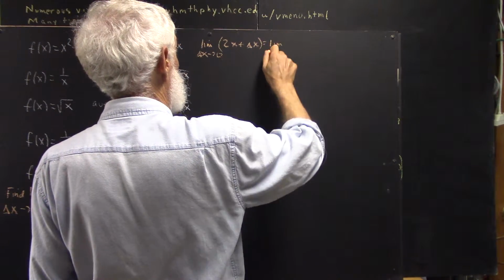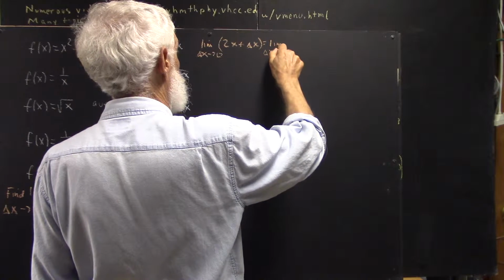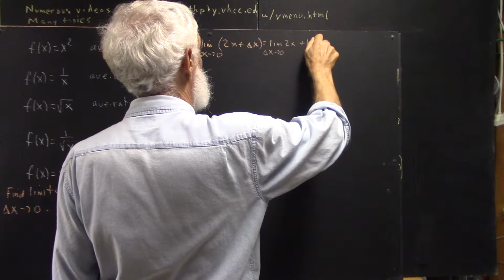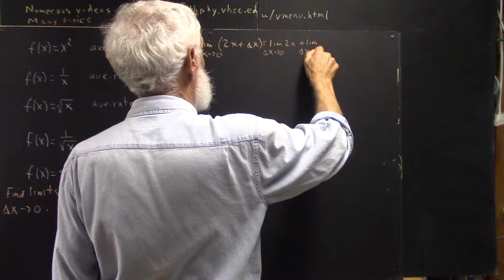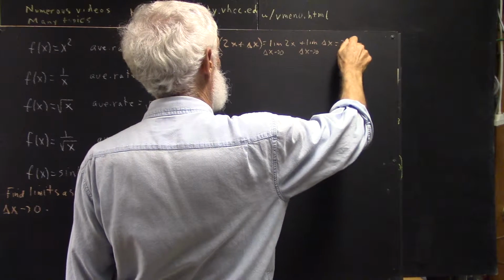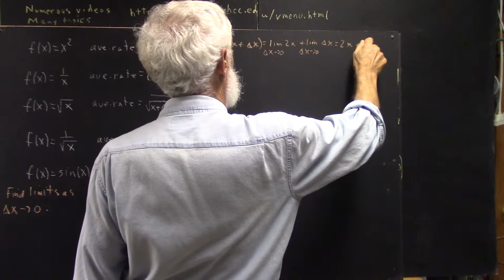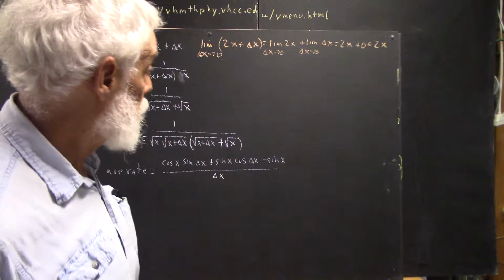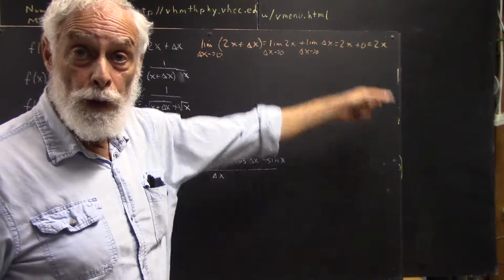That'd be the limit as delta x goes to 0 of 2x plus the limit as delta x goes to 0 of delta x, which equals what? Just 2x plus 0, which equals 2x. Okay? So that's quite straightforward.